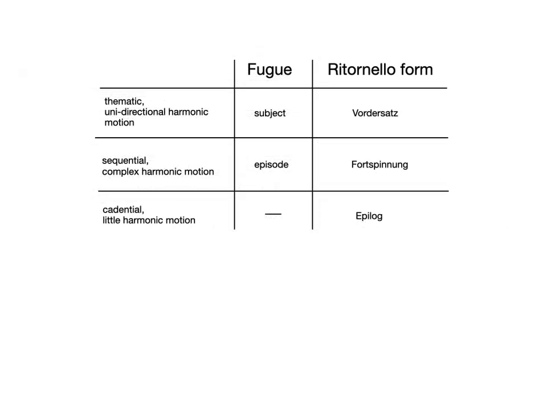Both forms had thematic passages, utilizing unidirectional harmonic motion, the subject, the Fortsetzung, and sequential passages featuring complex harmonic motion, the episode, the Fortspinnung. But only ritornello forms had those leisurely tonic extensions known as epilogues.